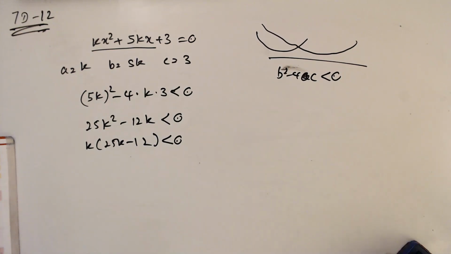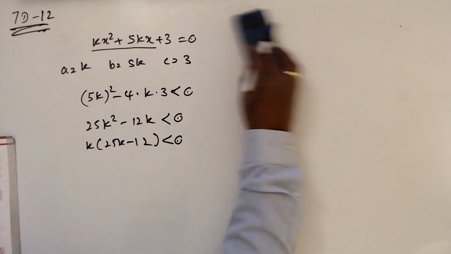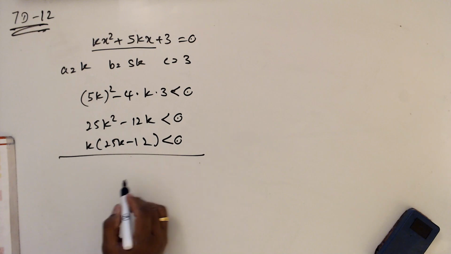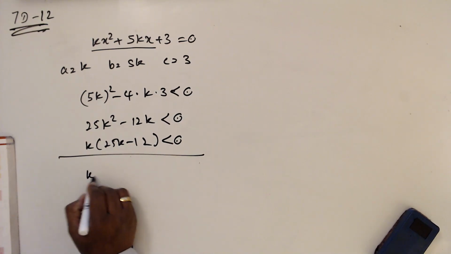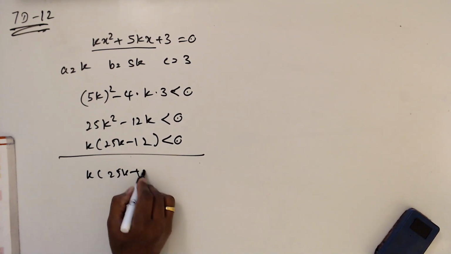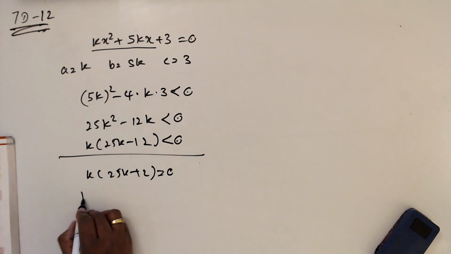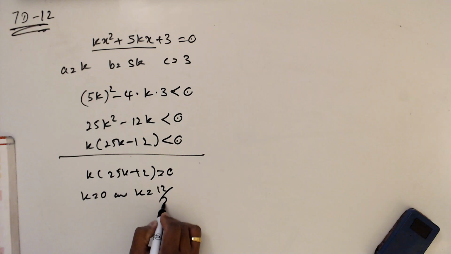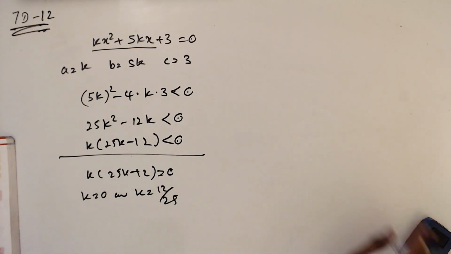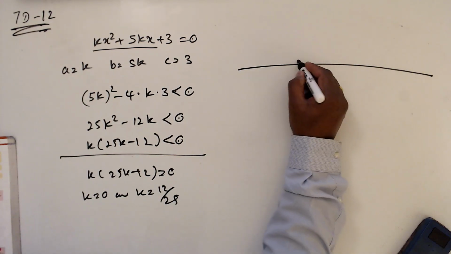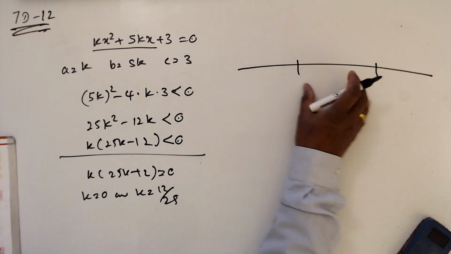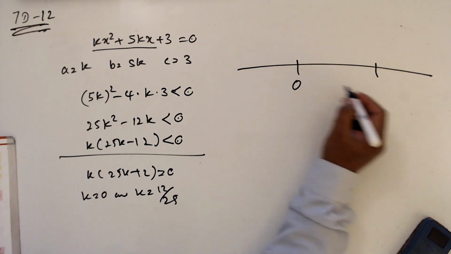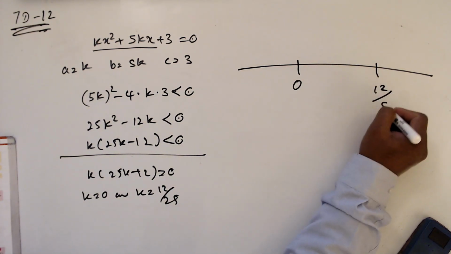Now we'll consider this one. k(25k minus 12) equals 0, then k equals 0 or k equals 12 over 25. It means this number line is categorized into three areas. One is 0 and another one is 12 over 25.